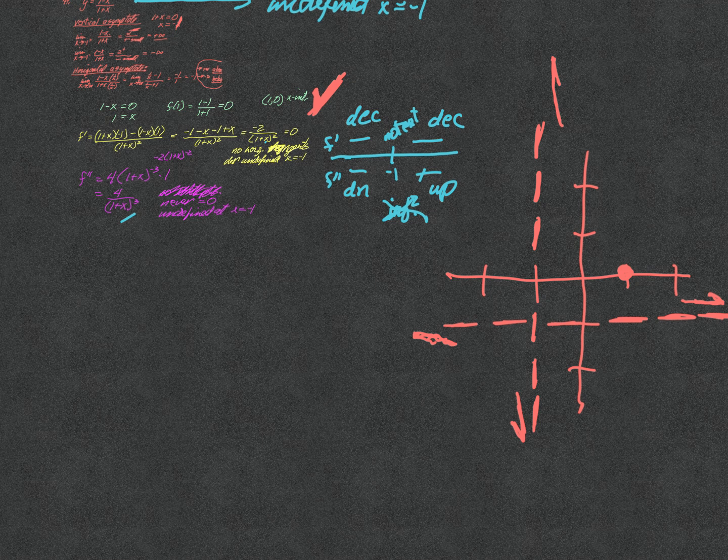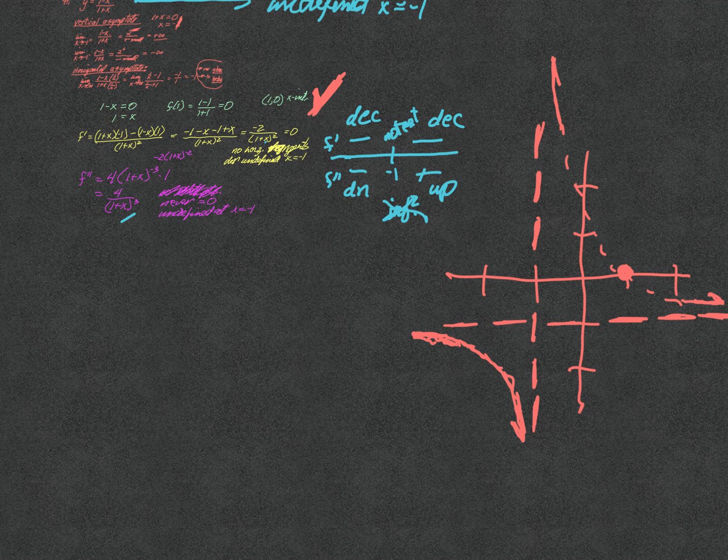So now I can add in my concave up and concave down, increasing, decreasing. First of all, the graph is only decreasing. So if I connect these, I have to always be decreasing, and that's what we are. And then we are concave down at less than -1, so we know it's got to be curved like that.